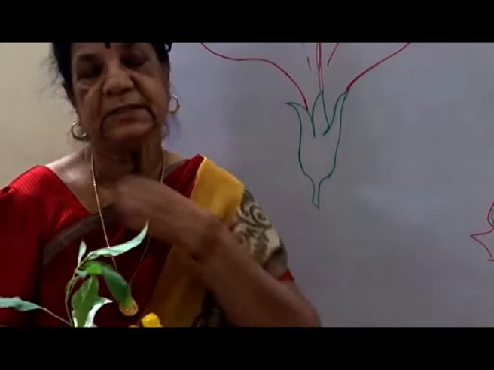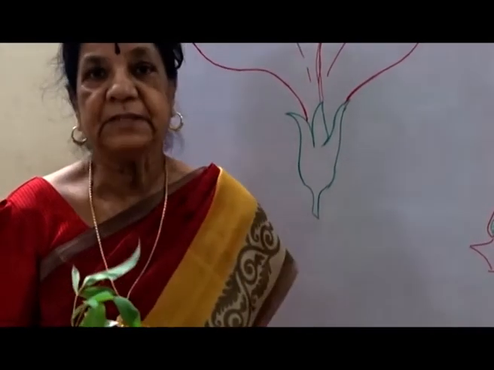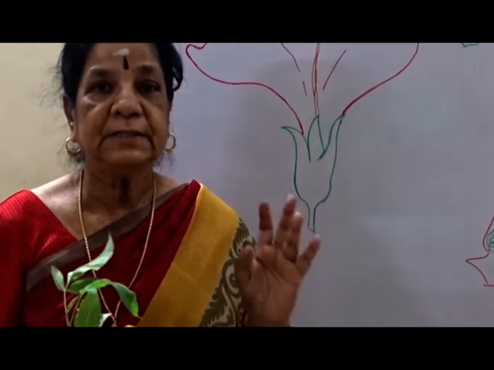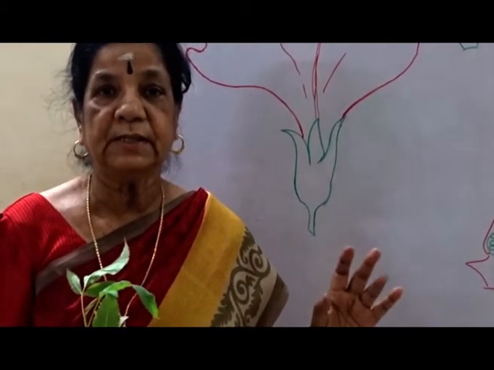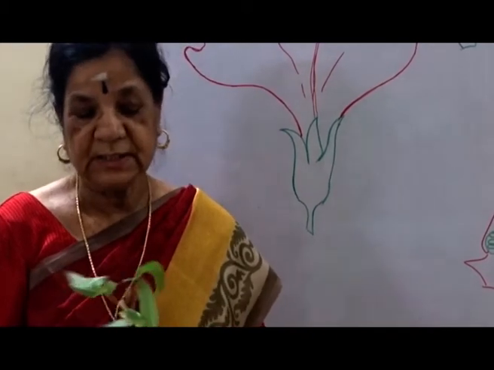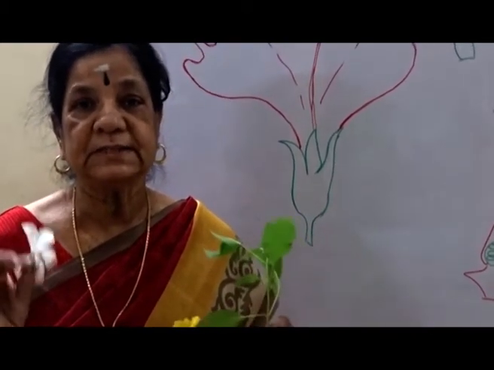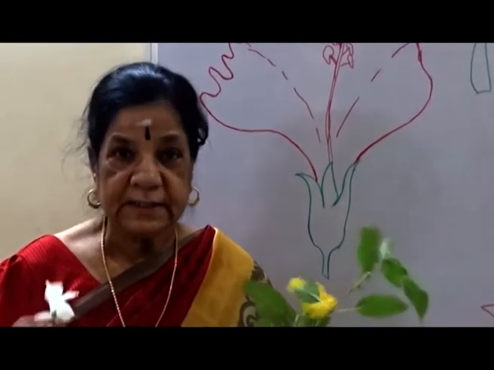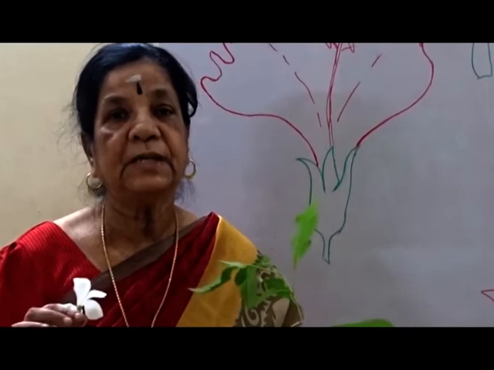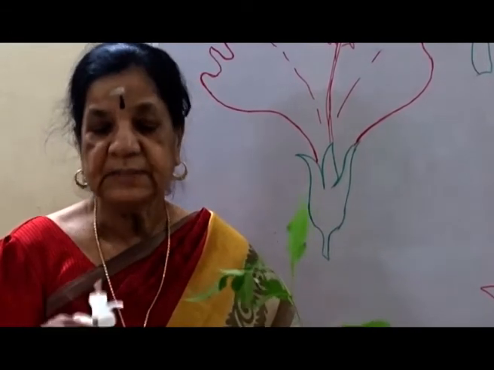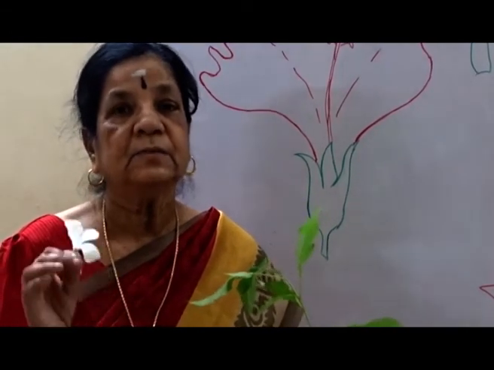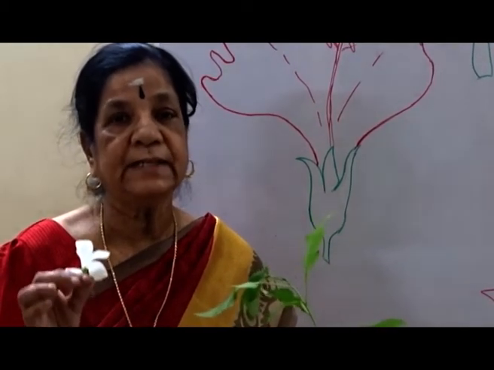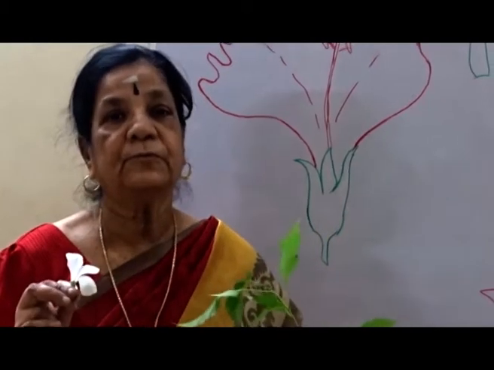Now, in the parts of the plant, in the shoot system, the leaf and stem portion is included under vegetative morphology, and the structure of the flower is included under reproductive morphology. So, in a given plant, the reproductive part is the flower, and this flower in turn forms the fruits and seeds. So, it is included under the heading reproductive morphology.